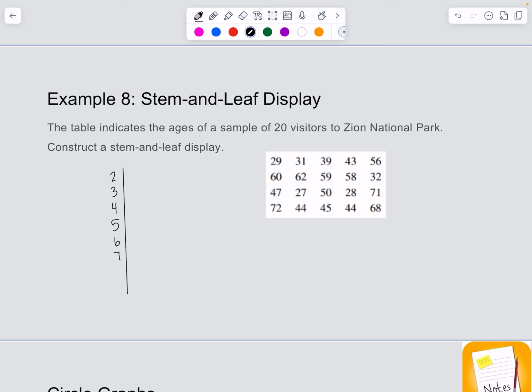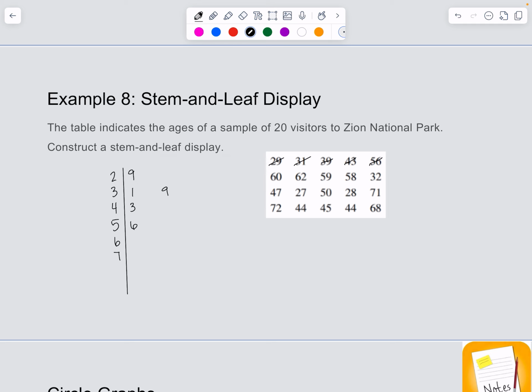And then we'll put on the leaves. So we'll put 29, 29, 31, 39, 43, 56, let's see. Move this over.